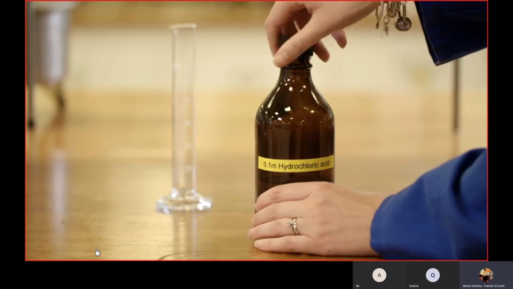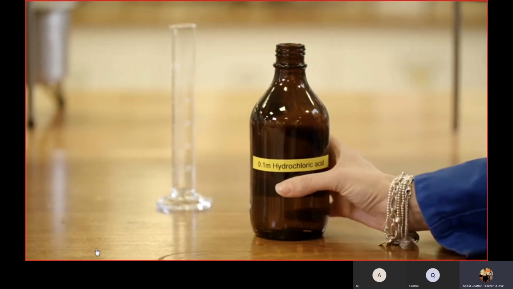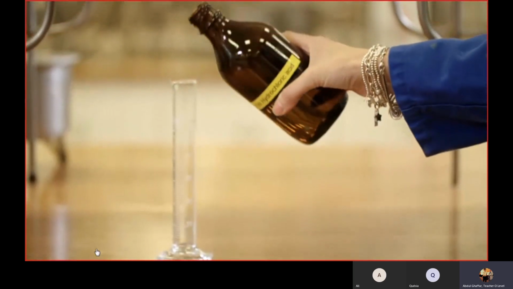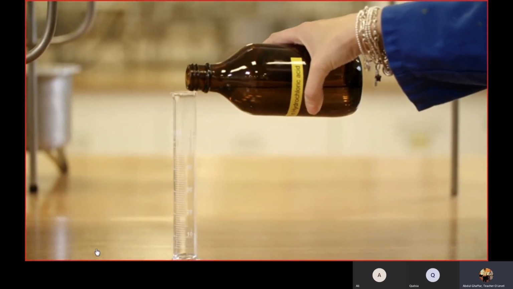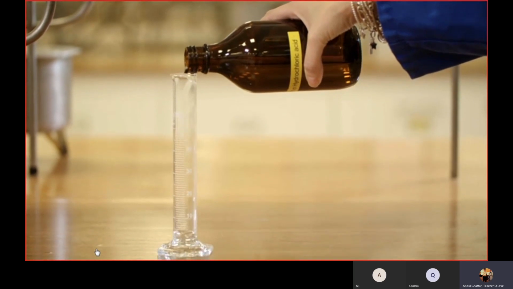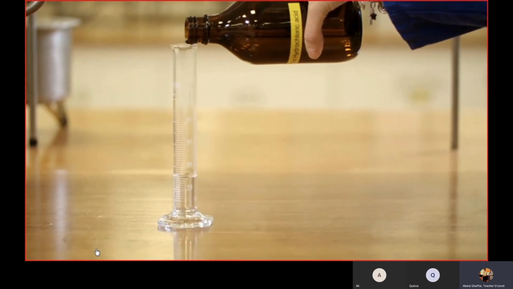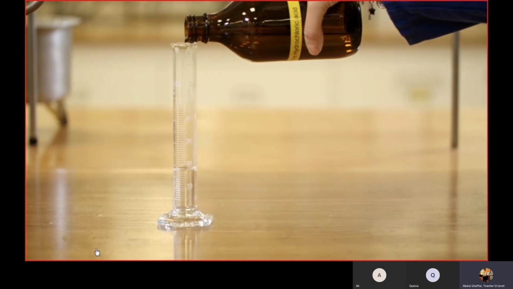The first experiment is the reaction of the metal oxide and water solutions with an acid. 30 centimeters cubed of 0.1 moles per decimeter cubed hydrochloric acid is measured out using a measuring cylinder. The liquid needs to be measured out accurately.